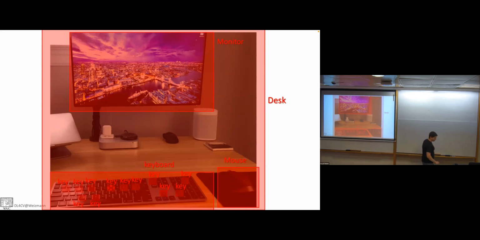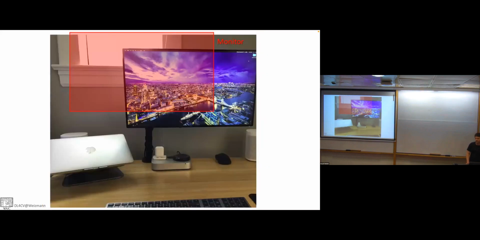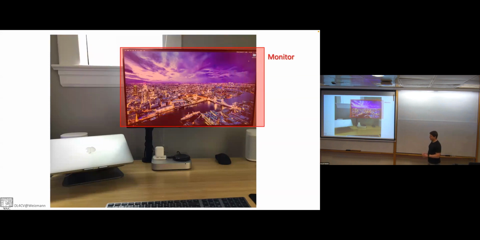And here's another thing that I want to notice. So this is a monitor, fine. Now, let's say I move this image like this. What do you think should happen to this bounding box that indicates where the monitor is? It's a very easy question. It should move along with the image, right? So this is also something that we should notice.